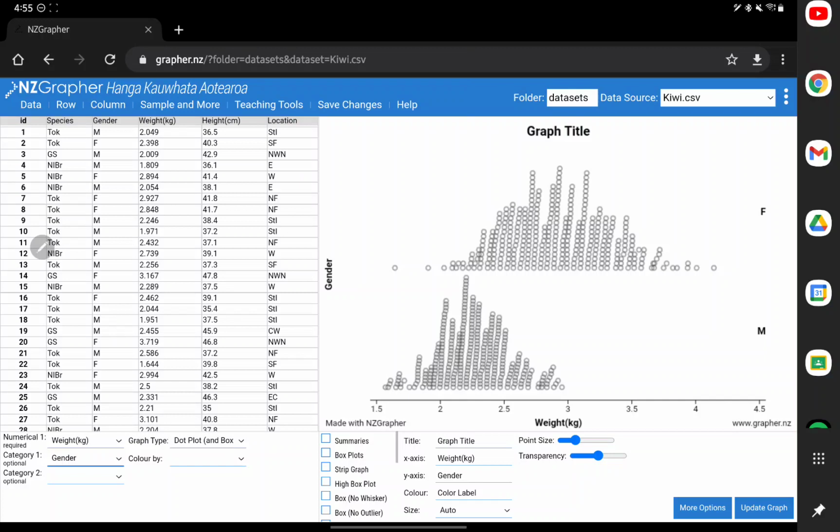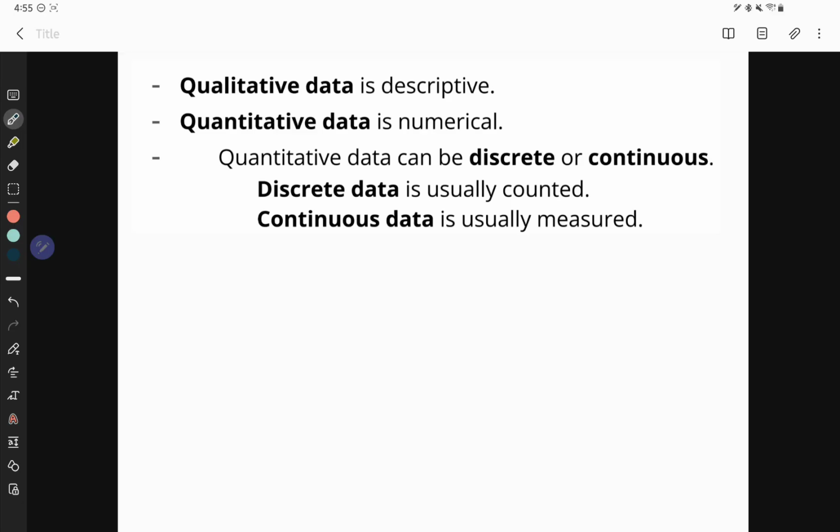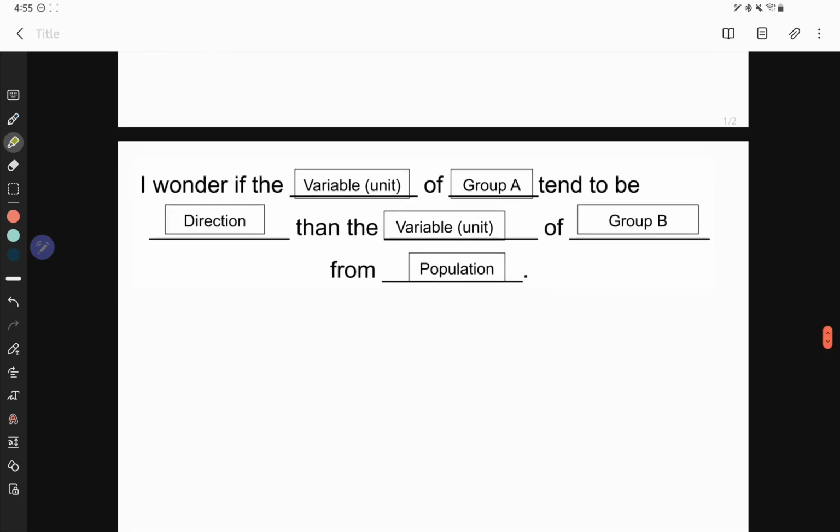So that's why I've said, you know what, let's do gender. So let's go back and see what that looks like on our write-up, right? So we've chosen our continuous data, which is our kiwi bird weight, and our 2 groups are going to be male and female kiwi birds.